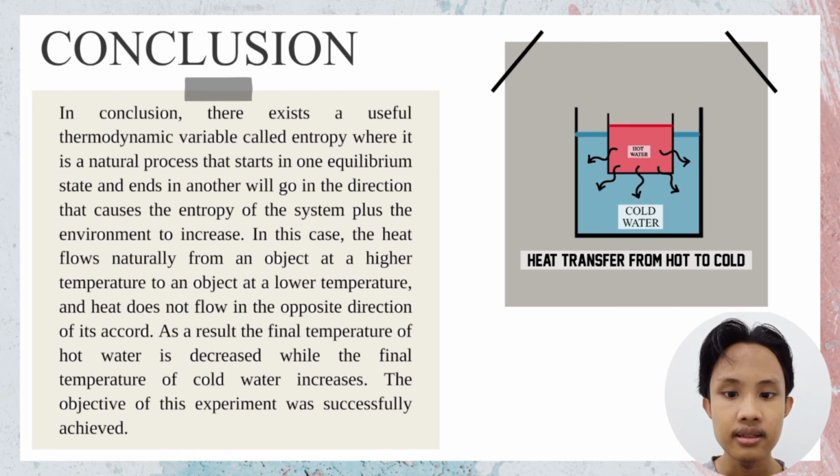In this case, heat flows naturally from an object at a higher temperature to an object at a lower temperature, and heat does not flow in the opposite direction of its own accord. As a result, the final temperature of hot water is decreased while the final temperature of cold water increases. Therefore, the objective of this experiment was successfully achieved.